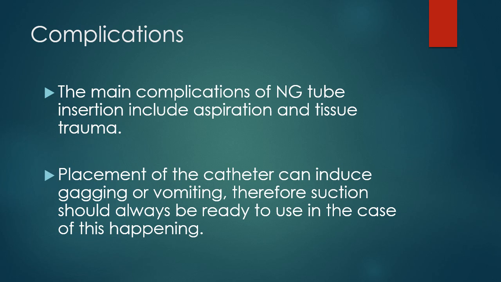And of course, there's a high chance of tissue trauma as well. And as I just said, introducing that catheter can cause vomiting and gagging, so it's really always important to have suction close by just in case anything like this happens.